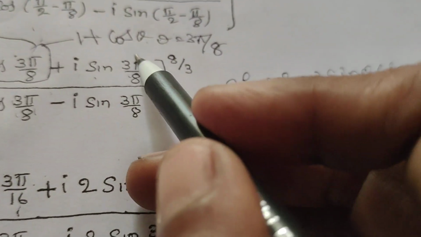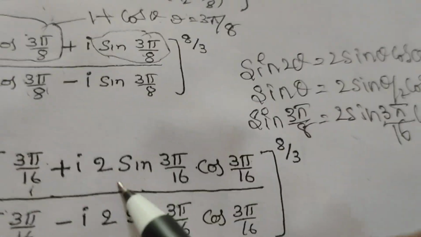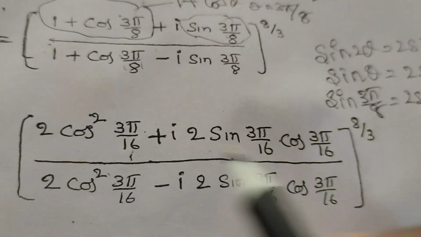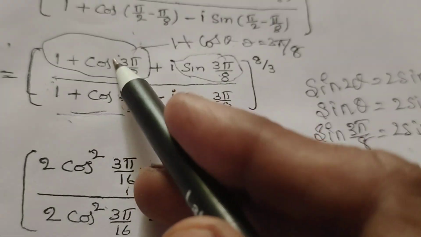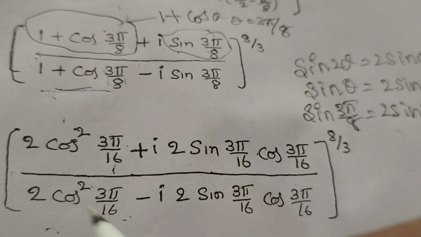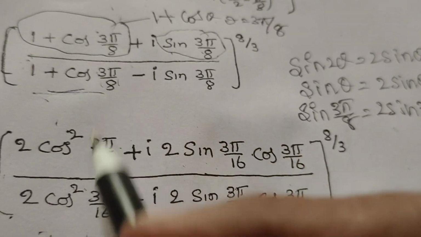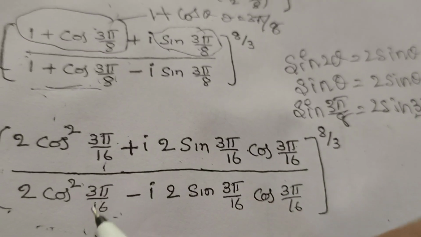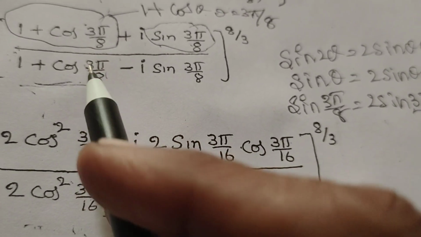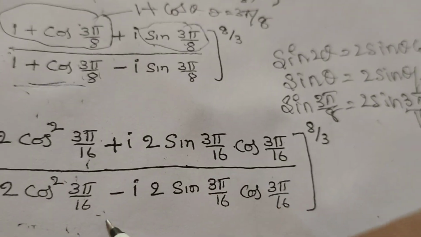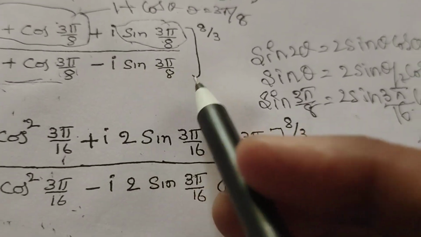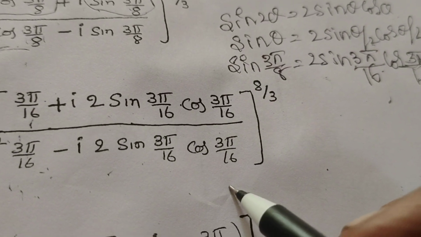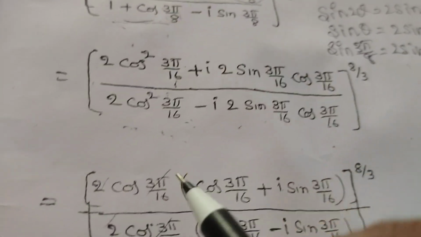So in place of sin 3π/8 we write 2 sin 3π/16 cos 3π/16. In the denominator, applying the same formula, 2 cos² 3π/16 minus i times 2 sin 3π/16 cos 3π/16, the whole power 8/3.